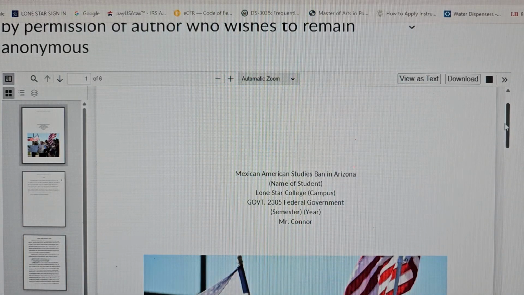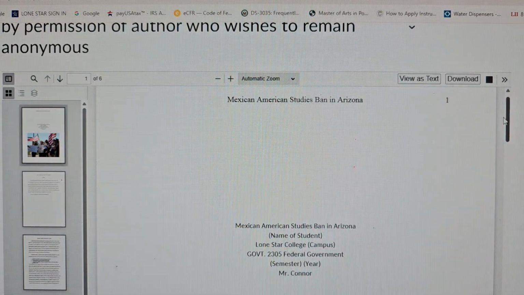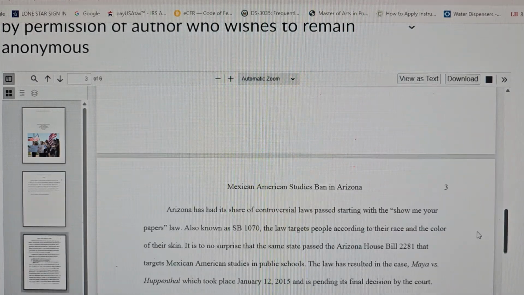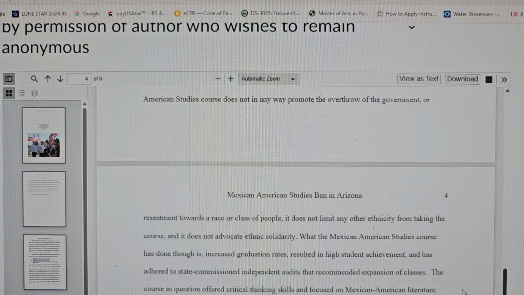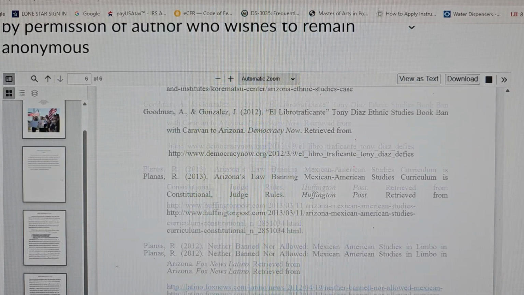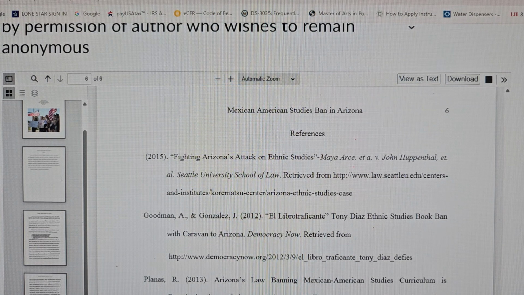Okay, so you do your typical research paper. Okay, and you start off with a title page, an abstract. You do your paper. You can divide it into sections if you want. And then you have 5 references. That's it. So your research paper in total only has to be 5 pages.